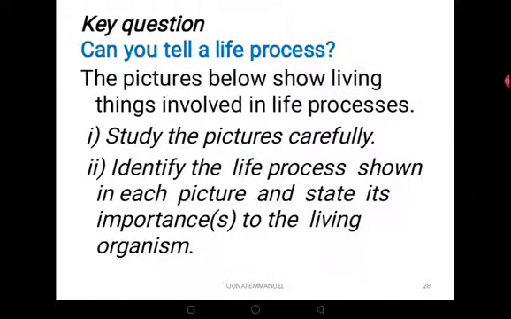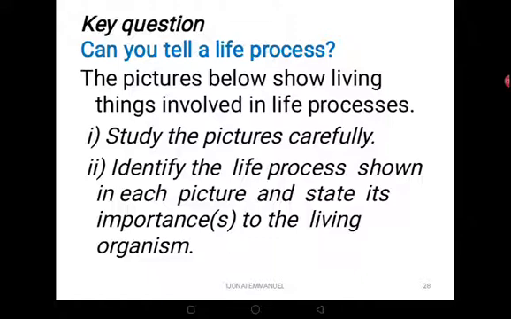Assignment 2, I have given you pictures. You're going to see in the next slide a number of pictures, and I want you to study them carefully. After studying them, looking at them, then identify the life processes which are shown in each picture and state the importance of that life process to living organisms.